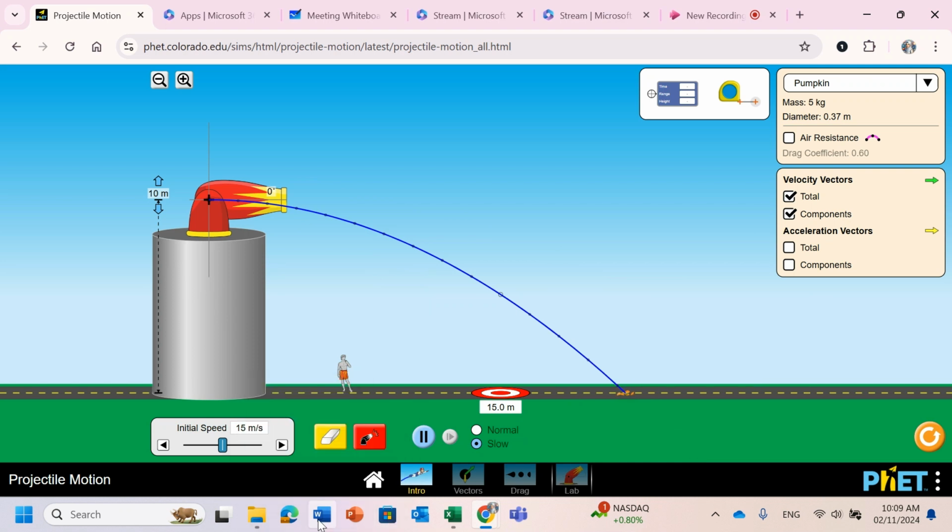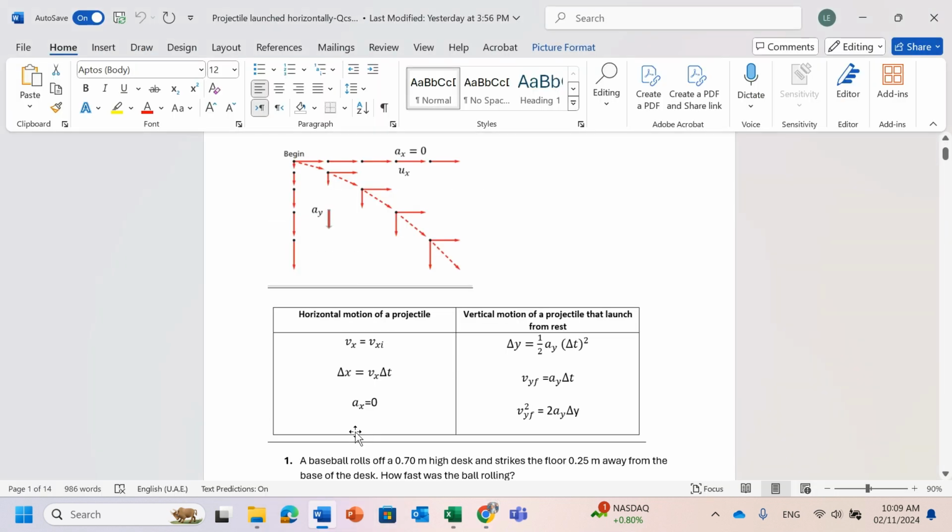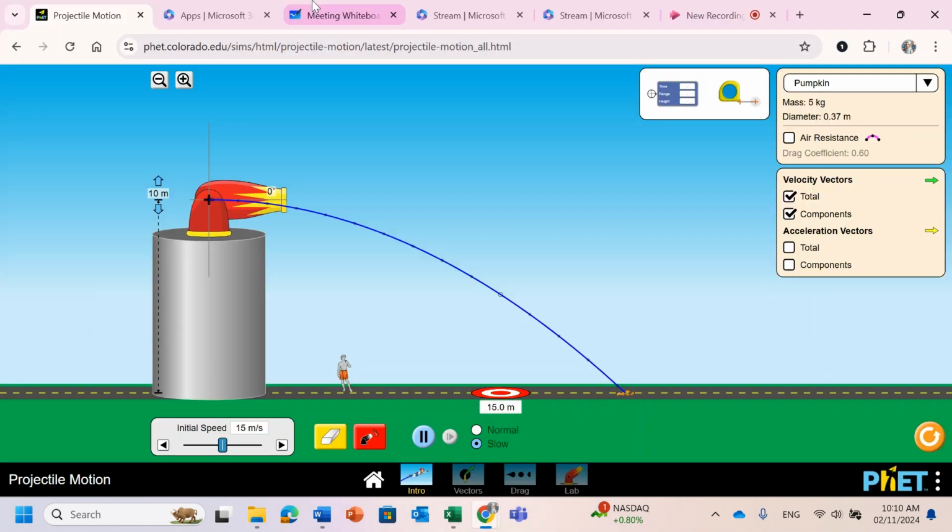Now the equations. When we solve projectile motion, we have horizontal motion and vertical motion. For horizontal motion, we're always going to use the same kinematic equations we've used before.